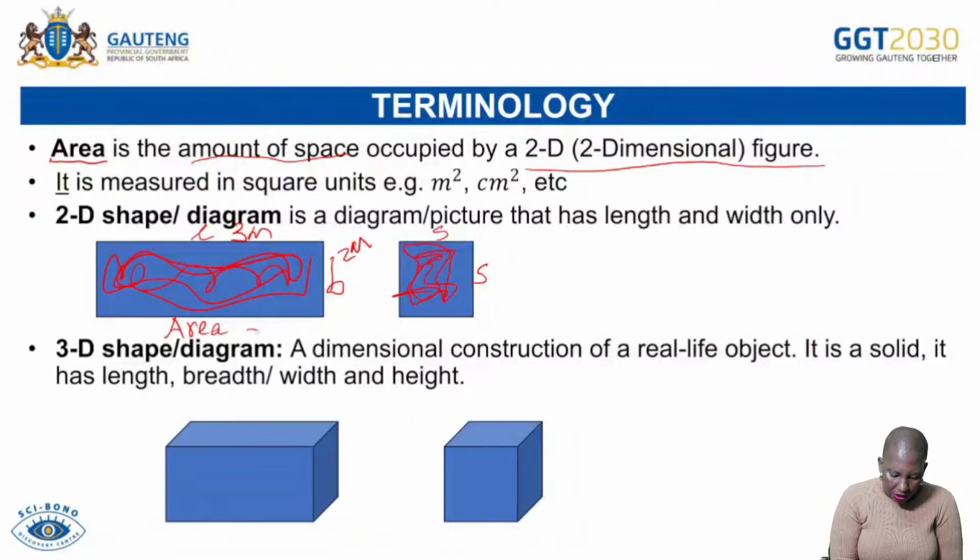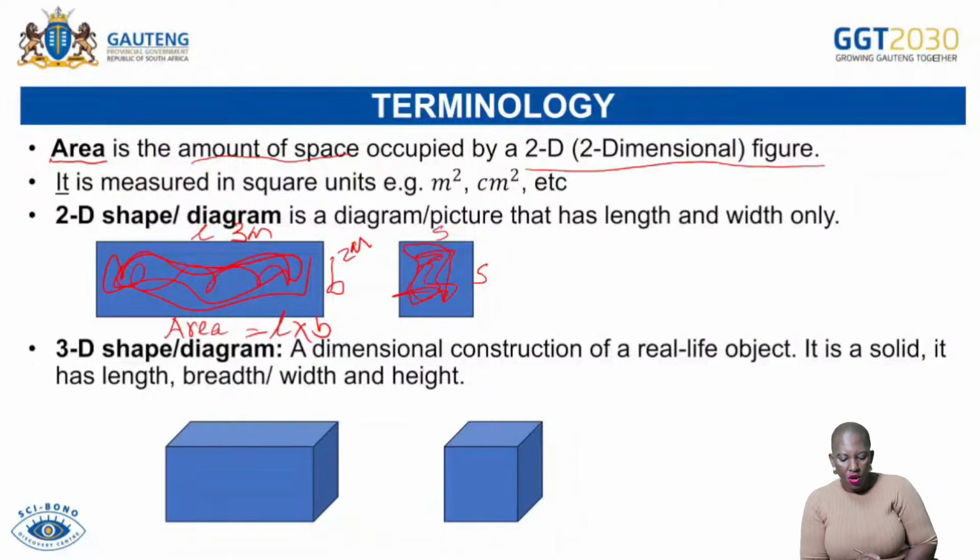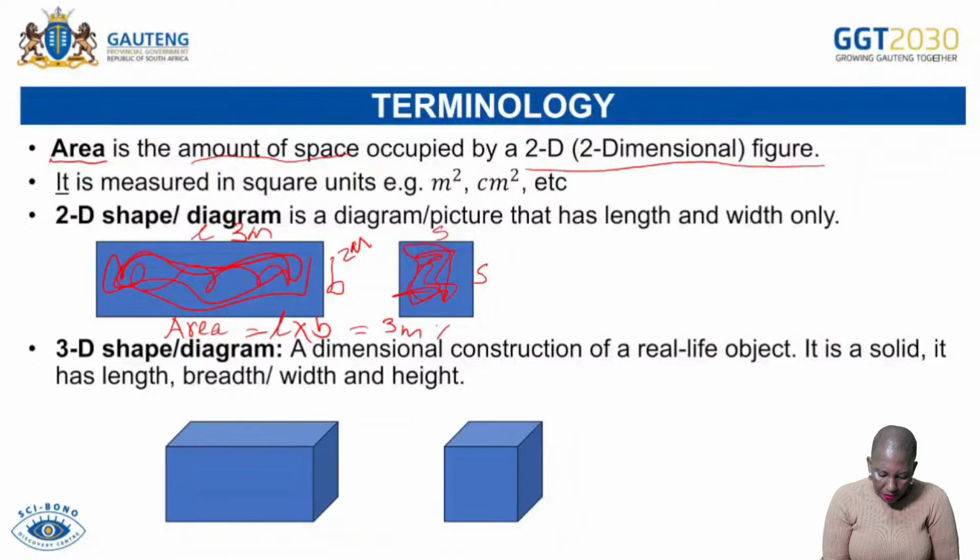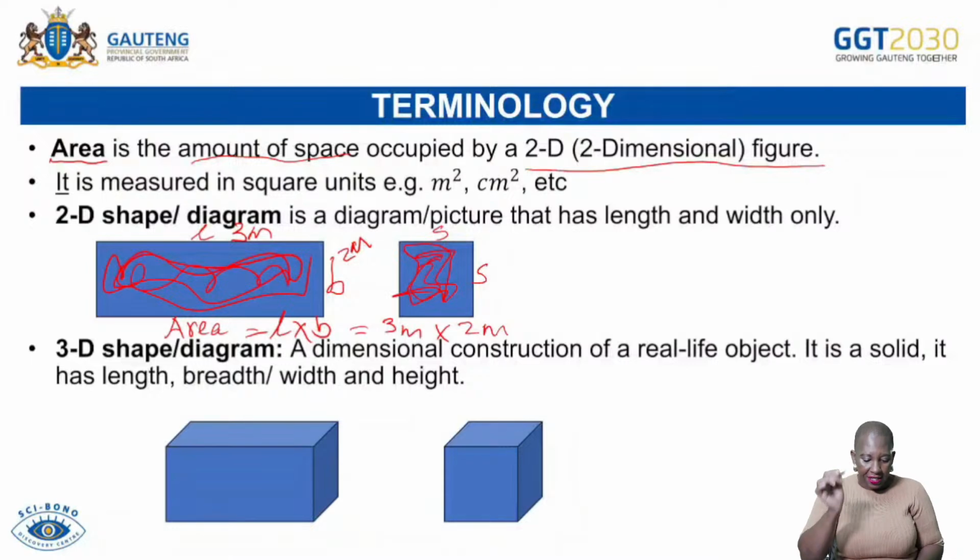I'll say area is equals to length times breadth. You'll see when we do the calculation. So it will be what? It will be 3 meters multiplied by what? By 2 meters. I'm not doing any addition when it comes to the area. I am multiplying, but when we do the perimeter, we are just adding.